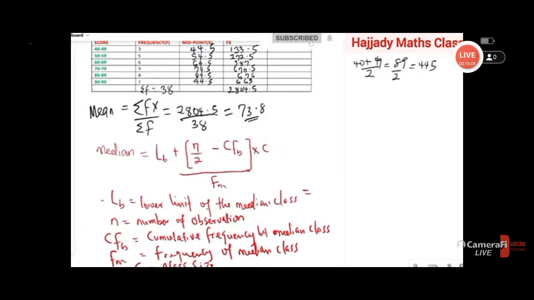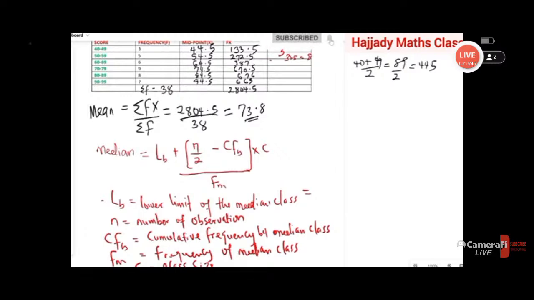Our cumulative frequency means addition of the subsequent frequencies, starting with 3. Next we have 3 plus the next value, which is 5, giving us 8.